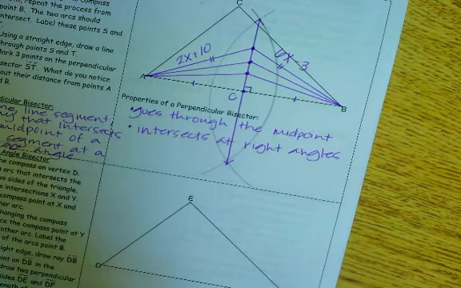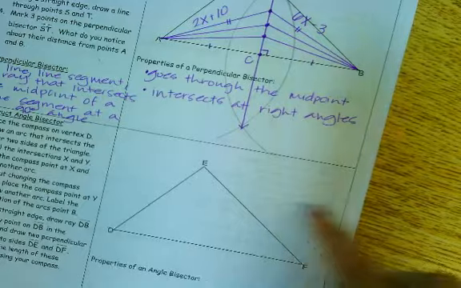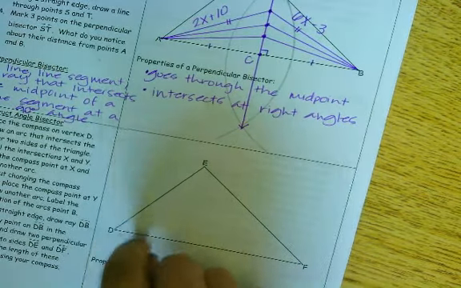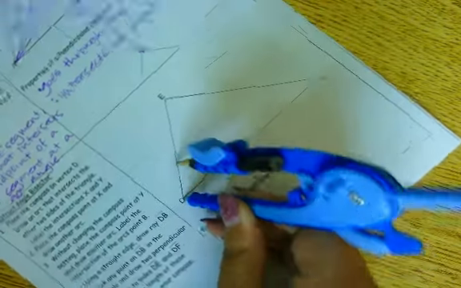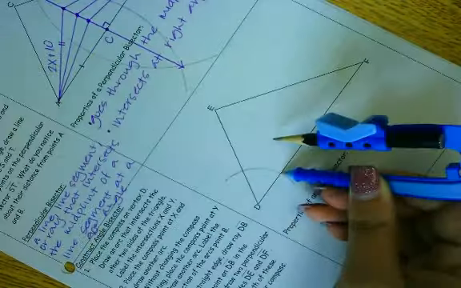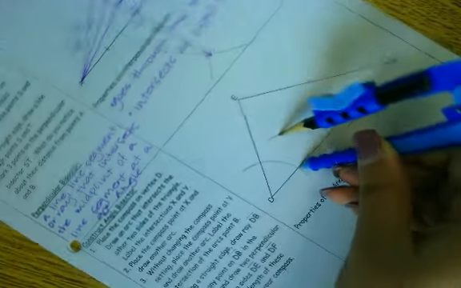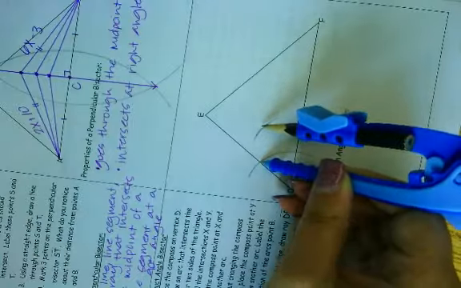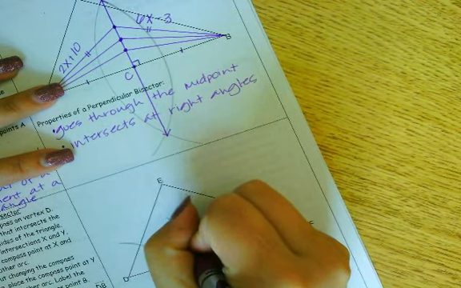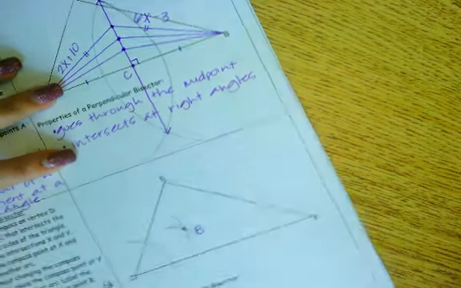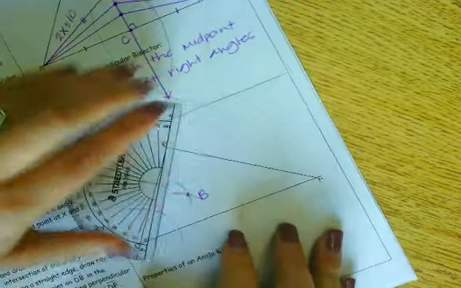Okay. Angle bisector is a review, so I just want you to construct an angle bisector on angle D. Construct the angle bisector on D. Label your intersection B. And draw your ray.